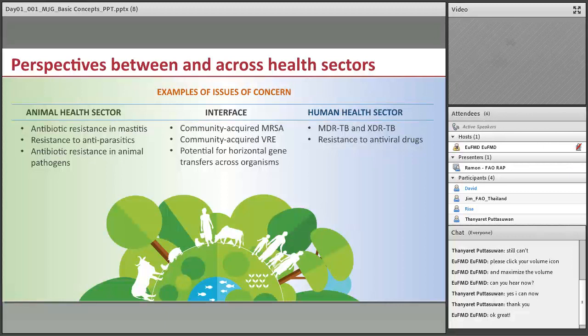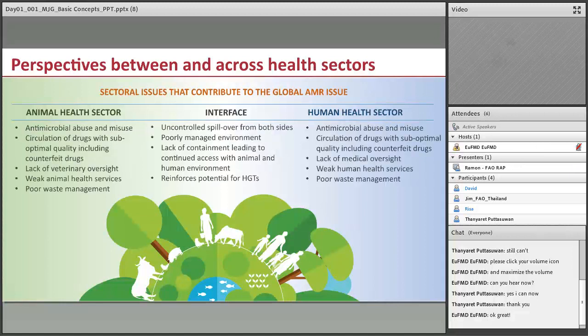There is also resistance to antiviral drugs, anti-HIV drugs, that are specific to them, that the animal sector has nothing to do with. At the same time, mastitis in dairy cattle, resistance to antiparasitics, antibiotic resistance in animal pathogens, mostly these are attached to animal usage. But then again, there's the interface where you have community-acquired resistant infections such as VRSA or VRE. And there is always a potential for horizontal gene transfer. So anything we develop from this side will enter into this interface.